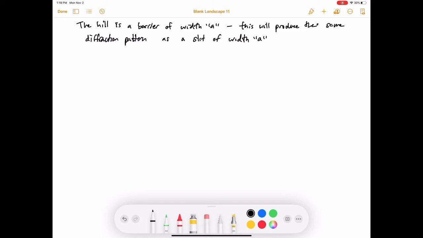So the question we want to answer is, how much are the waves going to spread out after going around that barrier? Well, this is the hill.